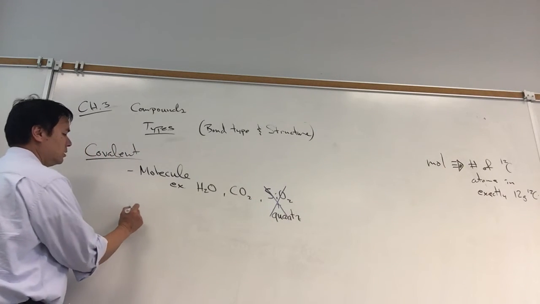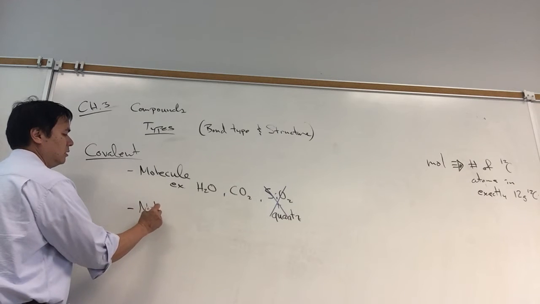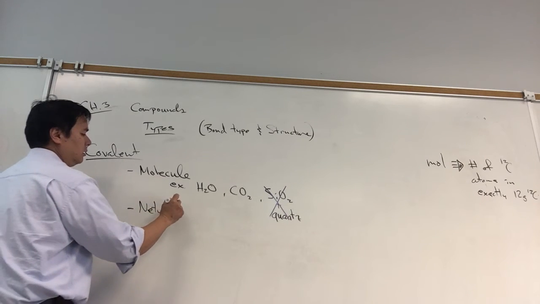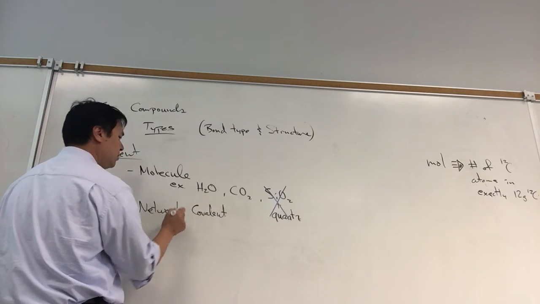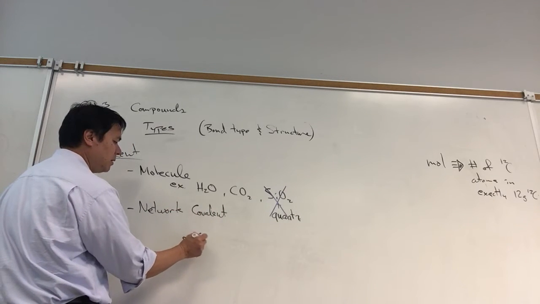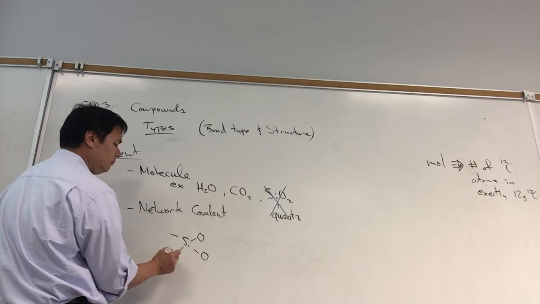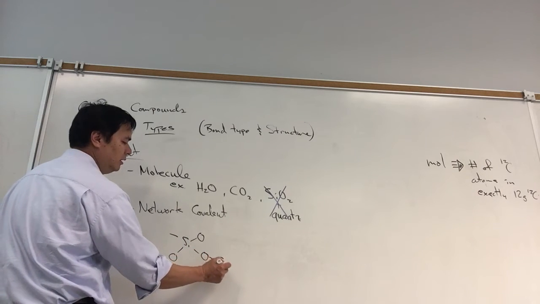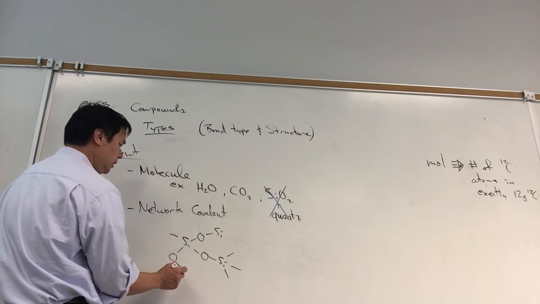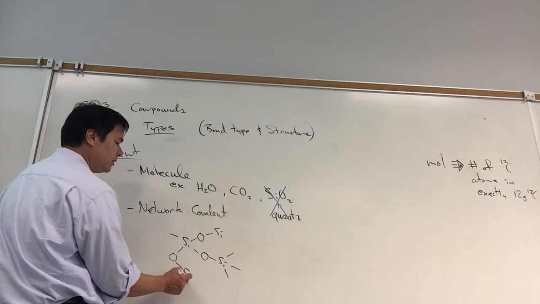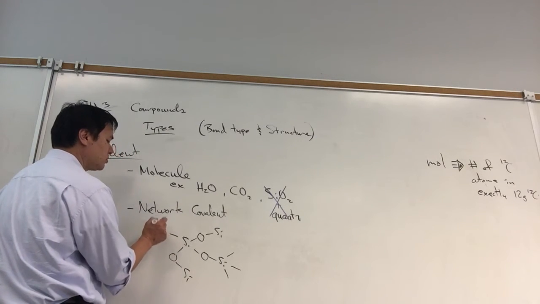And the structure is what we call network covalent structure. In a network covalent structure, the bonds don't just end, it just keeps going. And we form a network of bonds, or lattice.